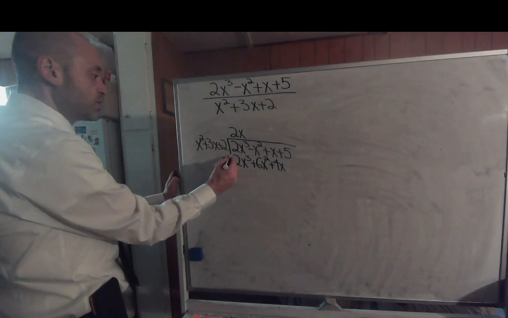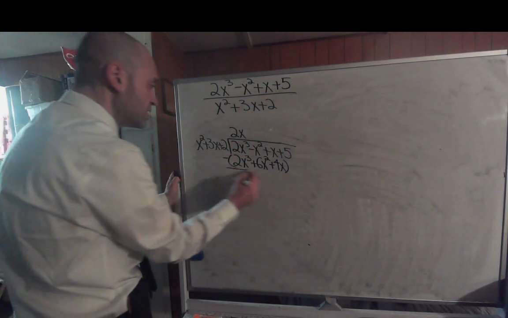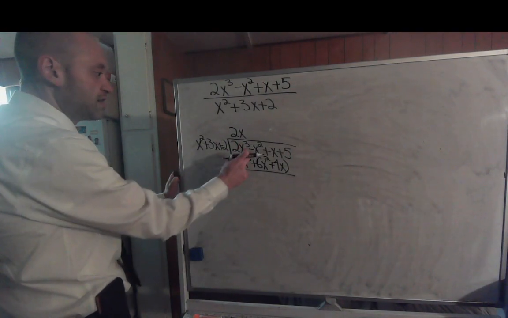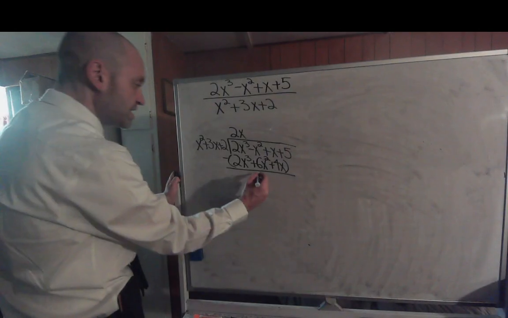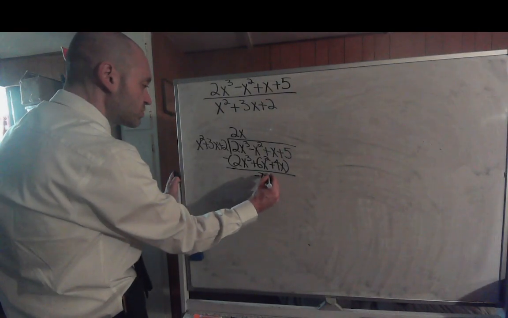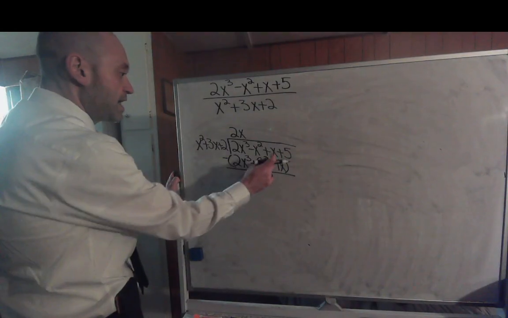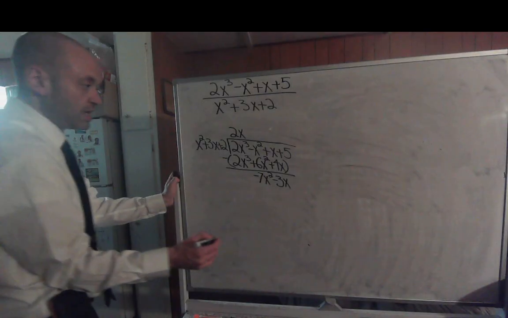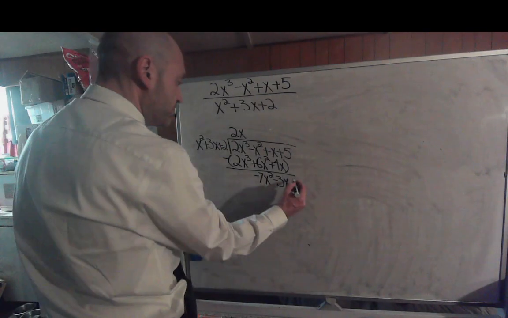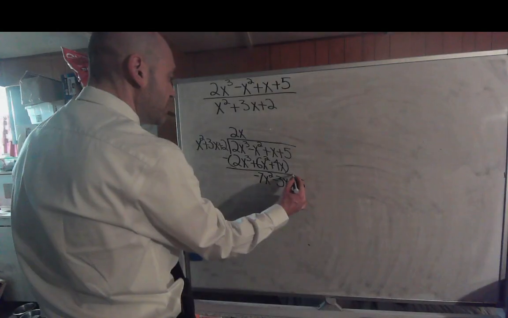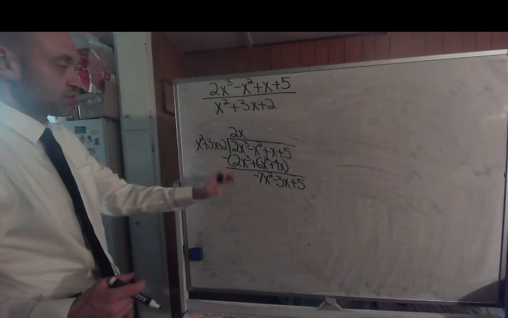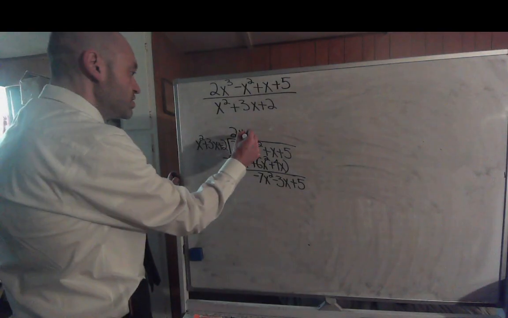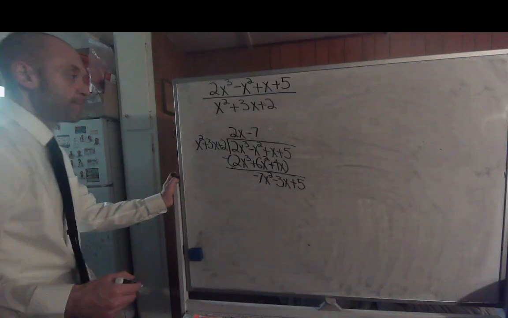So now let's go ahead and do some subtraction. 2x cubed minus 2x cubed is 0. Negative x squared minus 6x squared, so that's minus 7x squared. X minus 4x, that's minus 3x. And then you'll simply have your plus 5 that you'll bring down. Okay, so x squared goes into negative 7x squared how many times? Just minus 7 times.